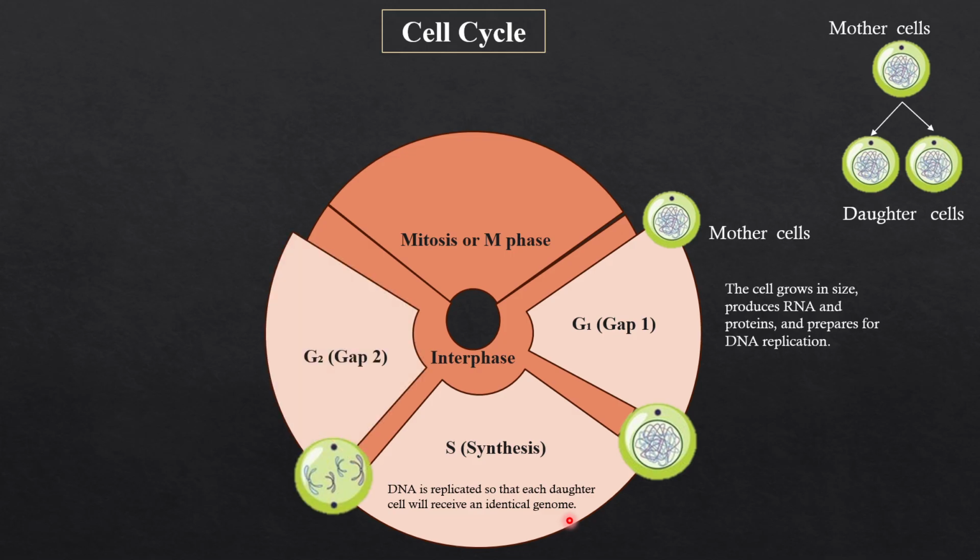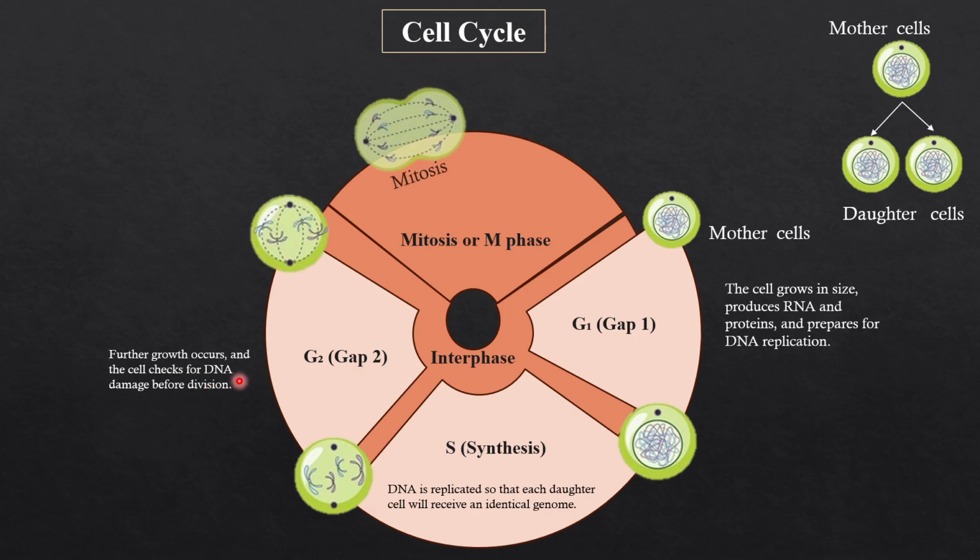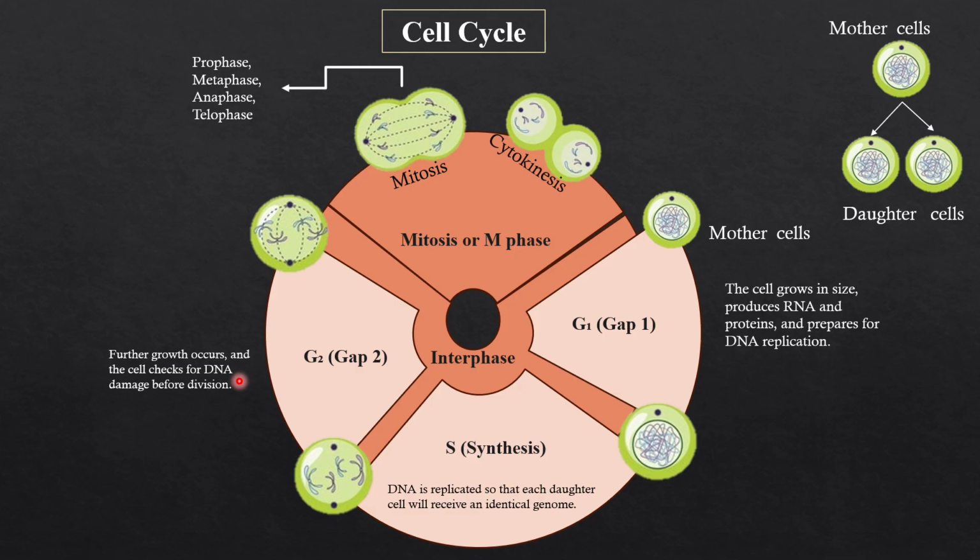This is followed by the G2 phase, where further growth occurs and the cells check for DNA damage before division. And this is followed by mitosis. There are four different phases in mitosis: prophase, metaphase, anaphase, and telophase, which is again the cell biology context.